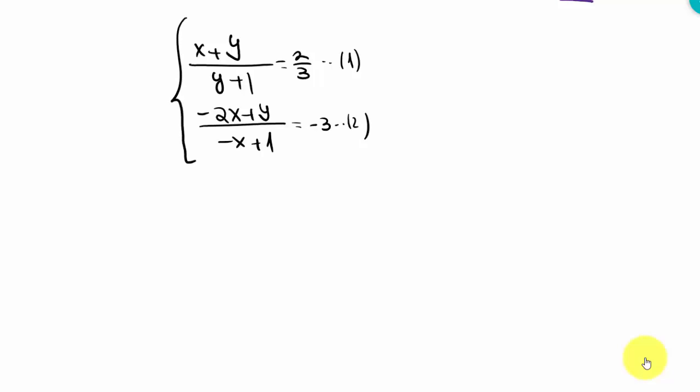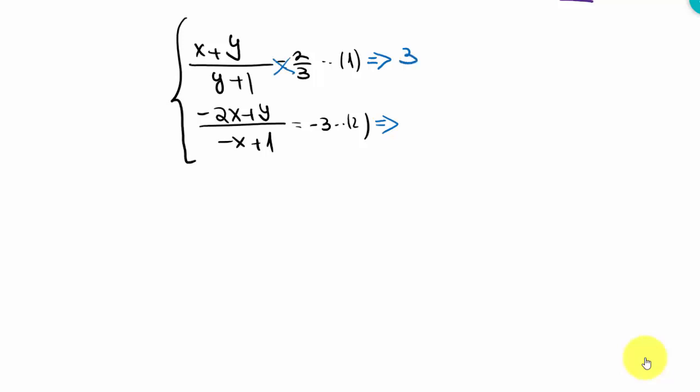Now, in order to solve this system of linear rational equations, first of all, we need to transform this equation and this equation to linear equations in two variables. Then, in practice, we transform the whole system to a system of linear equations, and then we know how to solve it.